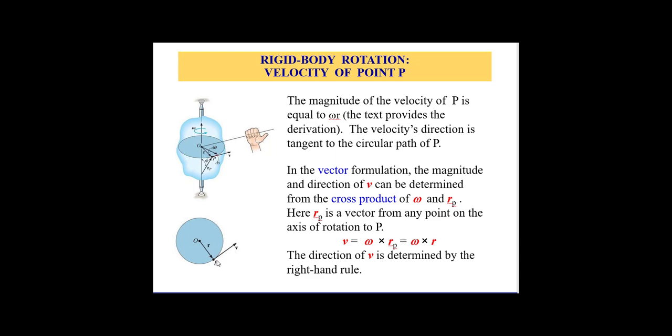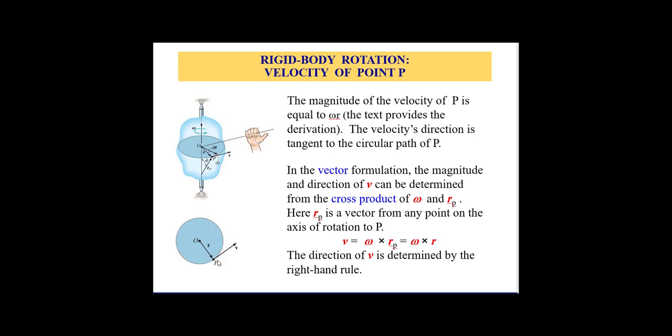The magnitude of this velocity is equal to the angular velocity multiplied by the distance. So the more distance you have, the more velocity for the same angular velocity.